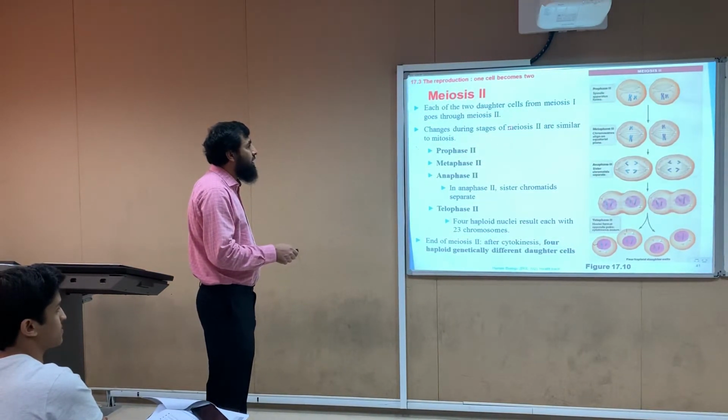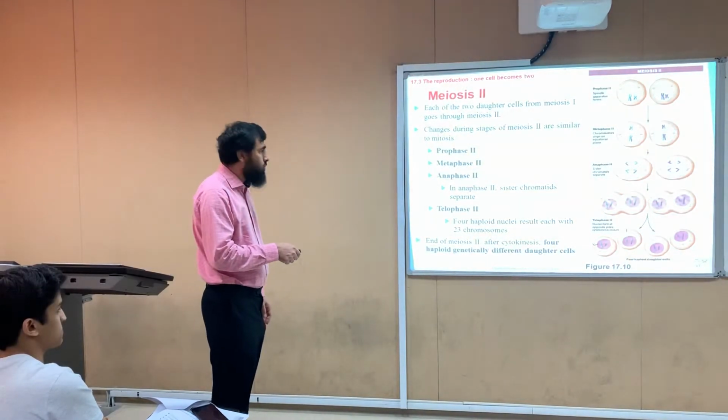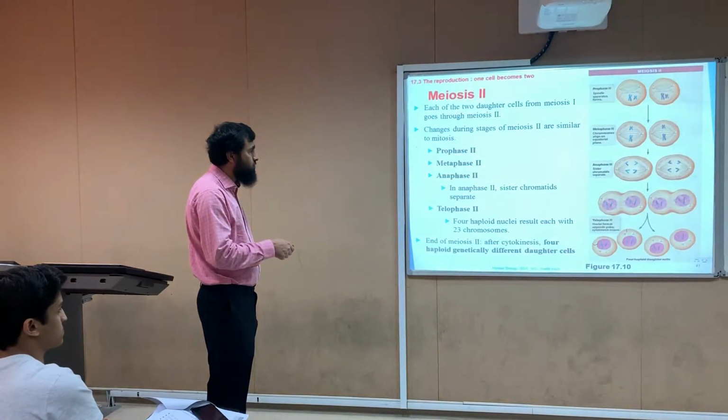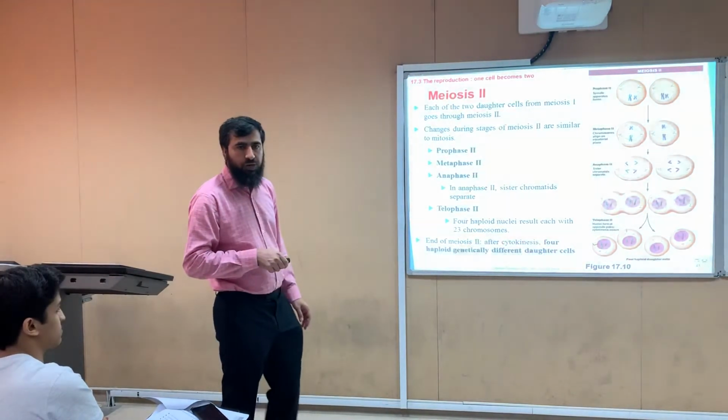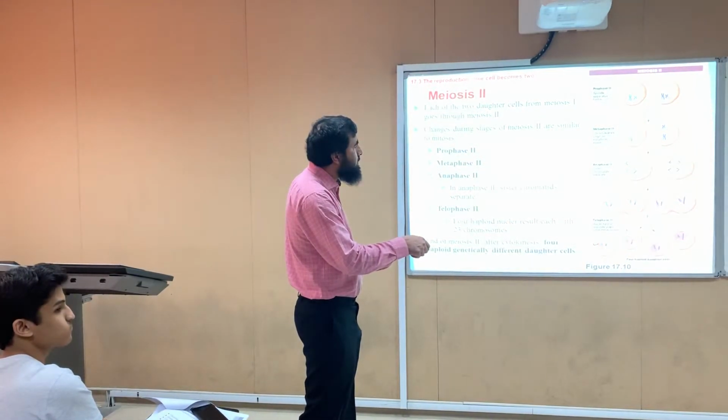As I mentioned, for meiosis 2 we put the Roman numeral 2 after it: prophase 2, metaphase 2, anaphase 2. Similar, except here we're getting separation of sister chromatids.